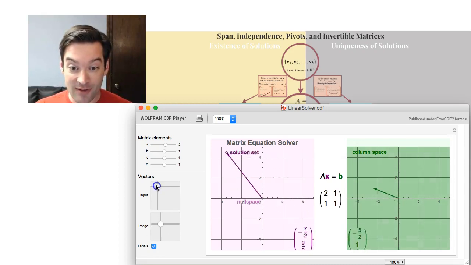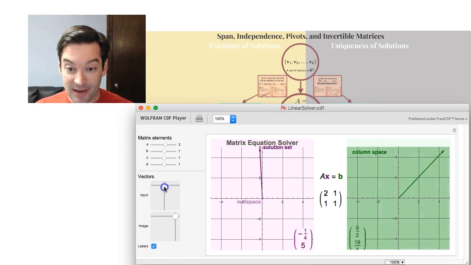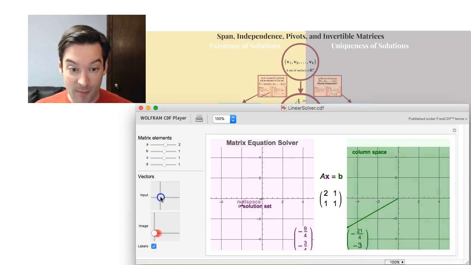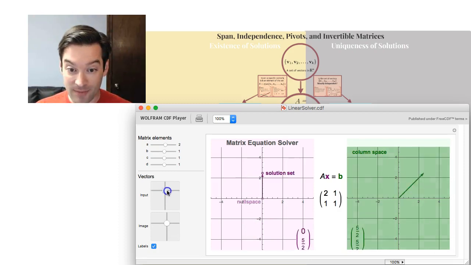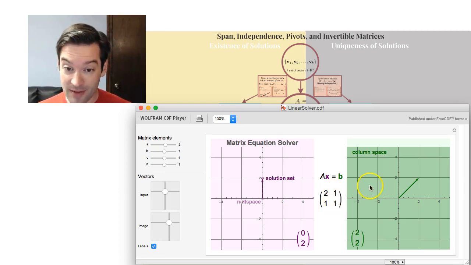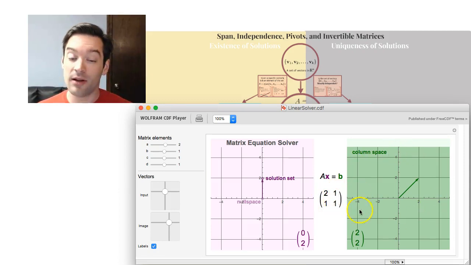And evidently in this example, I can get any vector in the green codomain on the right by multiplying A by some purple vector. So what that means is that the column space of this particular matrix A consists of all vectors in the xy plane. And another way that we're going to say that in this video is we can say that the span of the columns of A consists of all of the xy plane, R2.